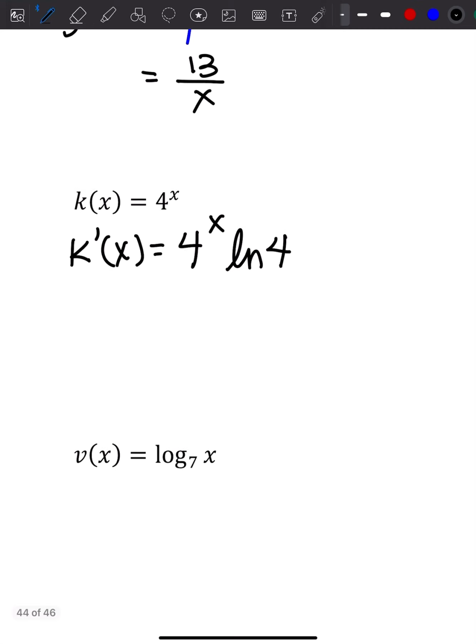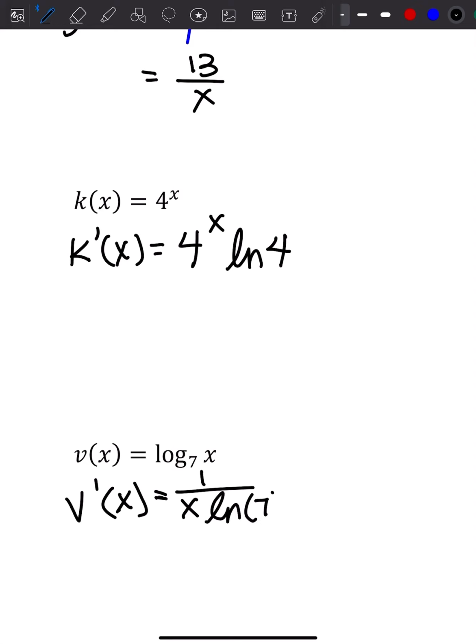And last but not least, the log base 7 of x. If we were to take the derivative of it, just like natural log, we get 1 over x. But we also need to divide by the natural log of our base 7.